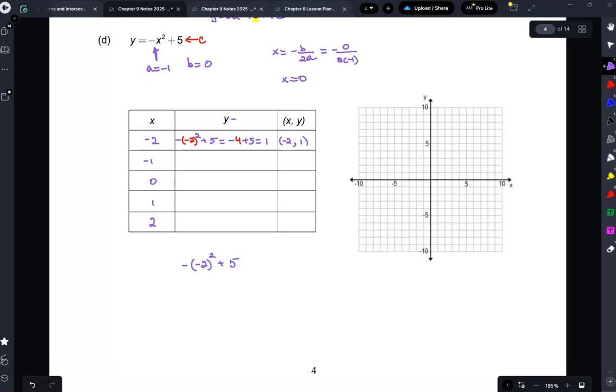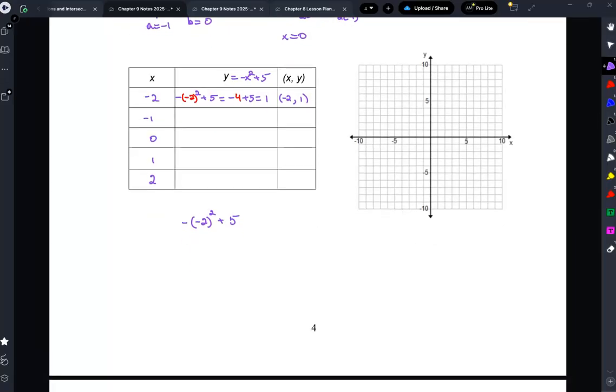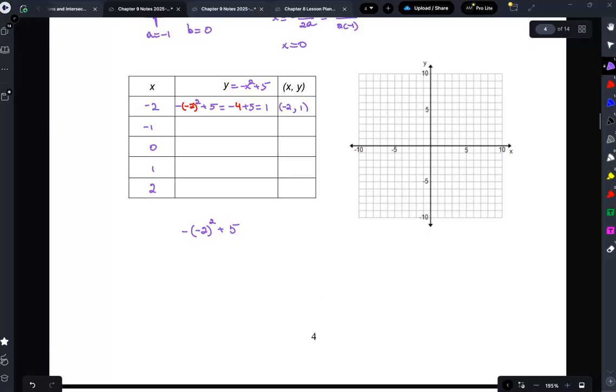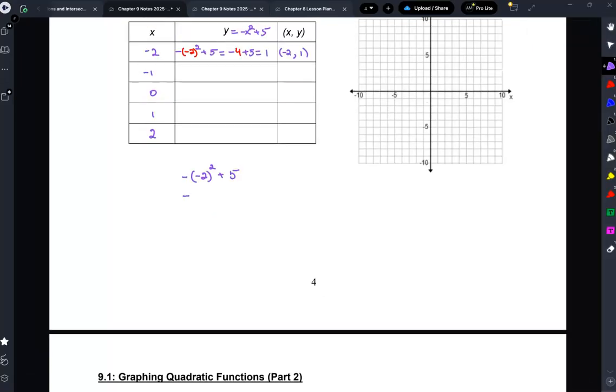The equation is negative x squared plus 5. A is negative 1, but the equation is negative x squared plus 5, the equation that we're given here. So now, negative, this will be 4 plus 5. There are no parentheses here, because there's nothing inside the parentheses to do. Next is exponents. The exponent belongs to the negative 2, and then I do the rest.